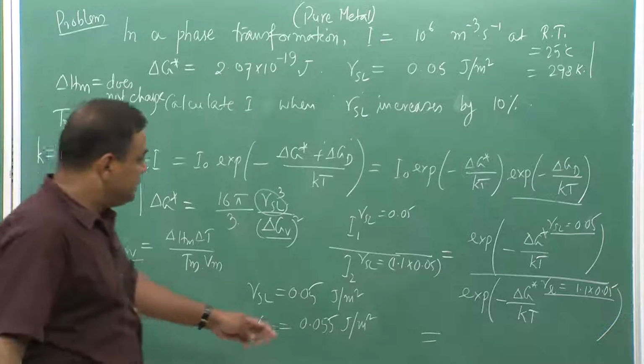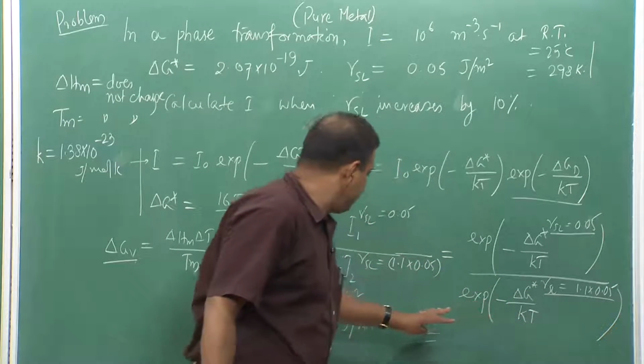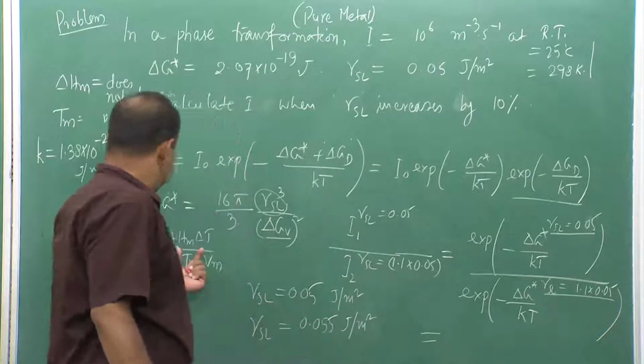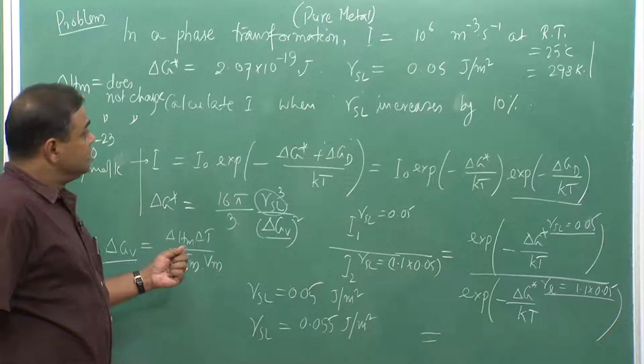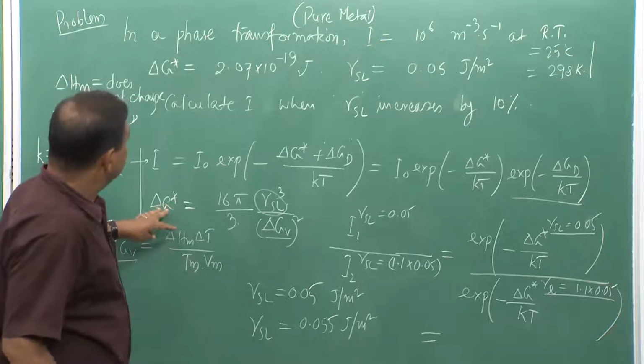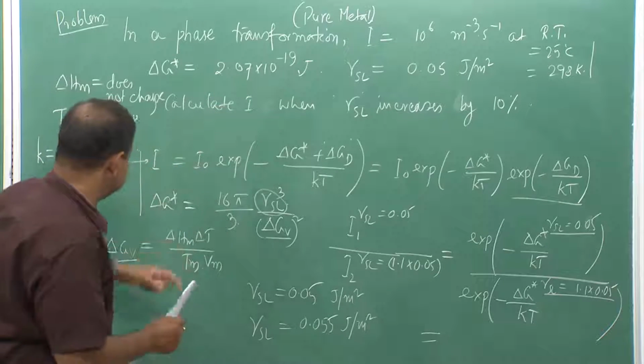So, now you can get the value of this term, since we know delta G star also. So, delta G star is this.